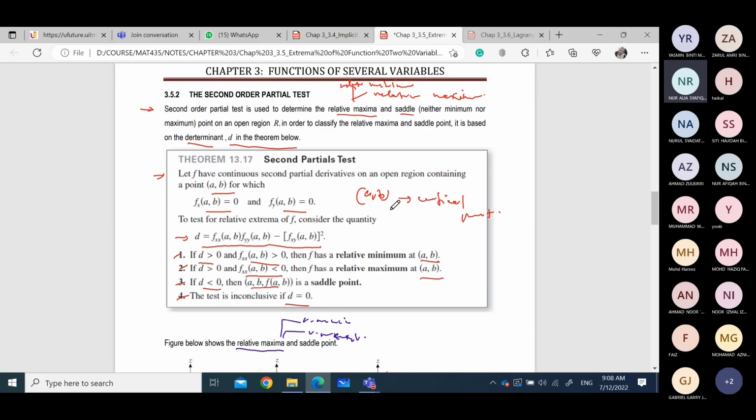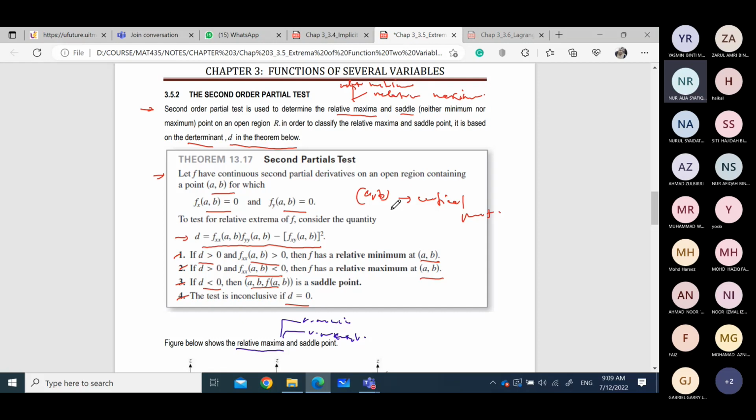If the discriminant is greater than 0, it might have a relative minimum or maximum, so we need to look at the second order derivative with respect to x. If it is greater than 0, the surface has a relative minimum. If it is less than 0, the surface has a relative maximum. If the discriminant is equal to 0, we need to test using another method.